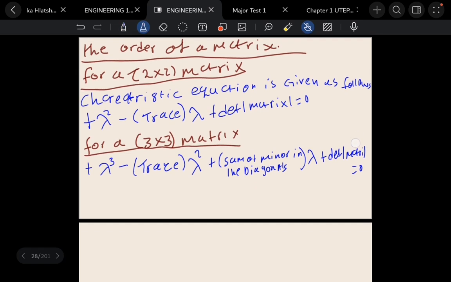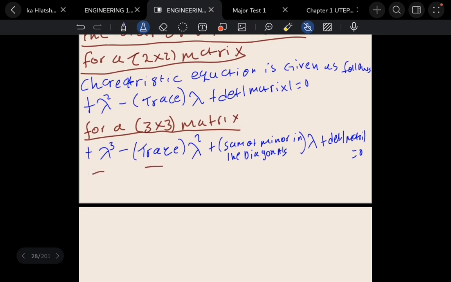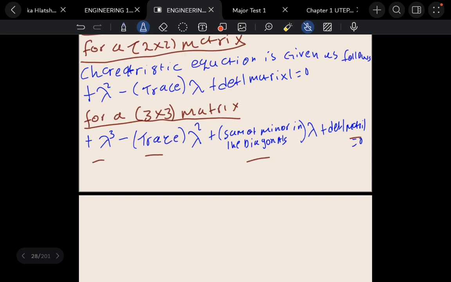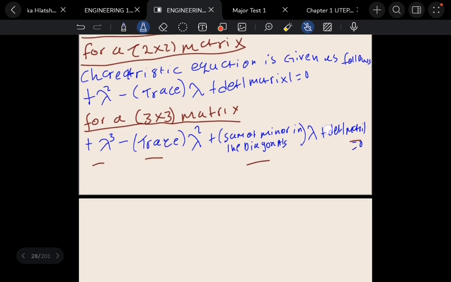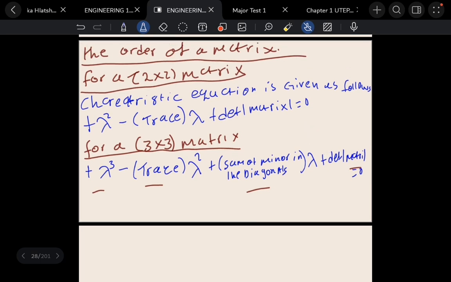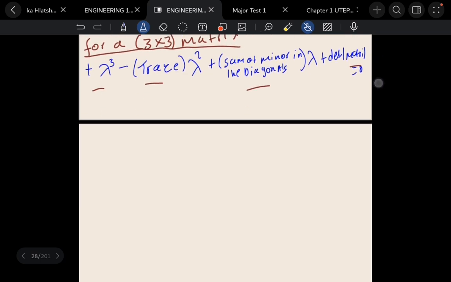So this is the characteristic equation of a matrix. This is the thing that you need to follow to find the eigenvalues.